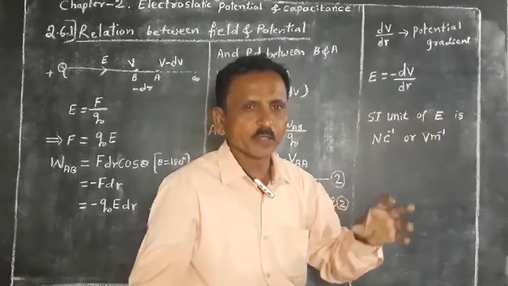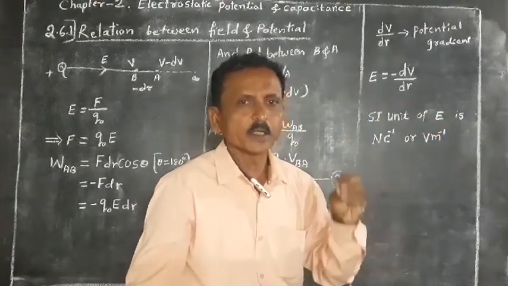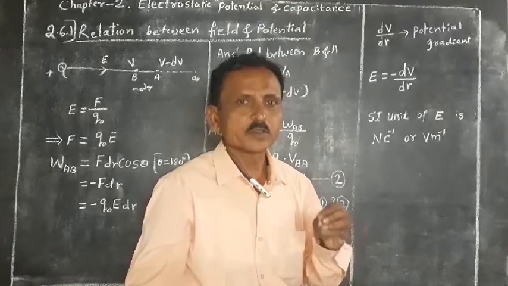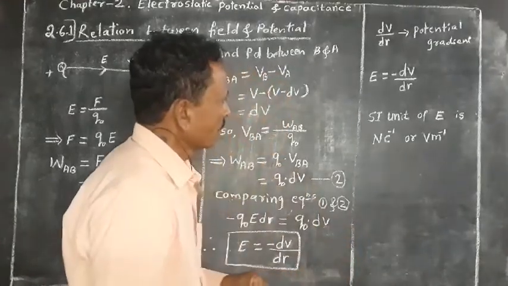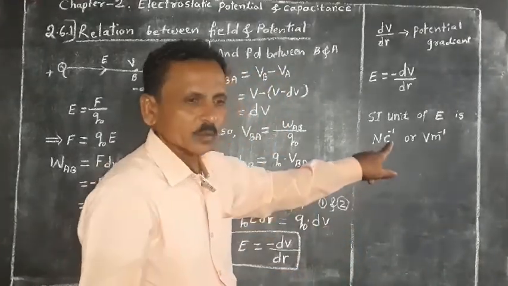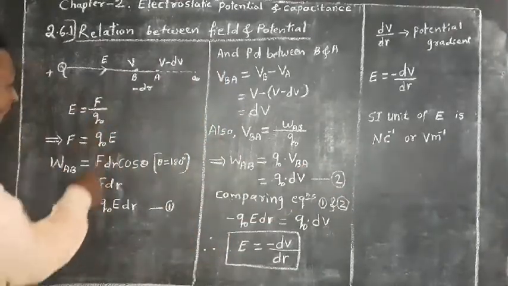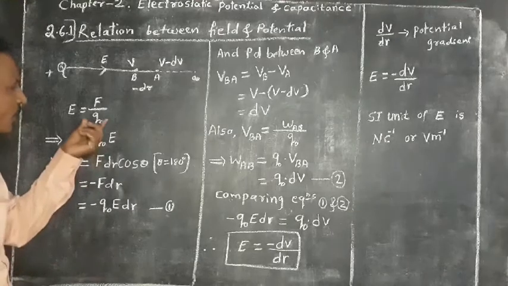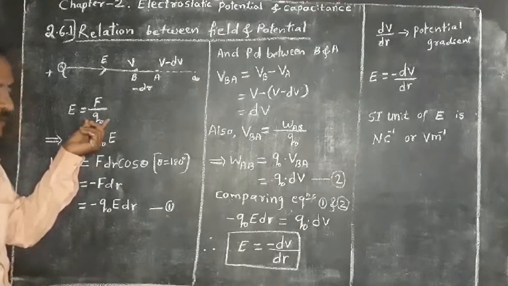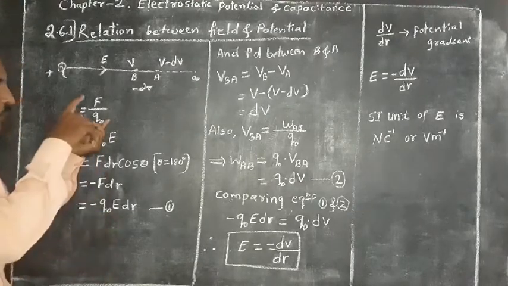An electric field at a point is said to be 1 Newton per Coulomb if 1 Newton force acts on unit charge in the electric field.